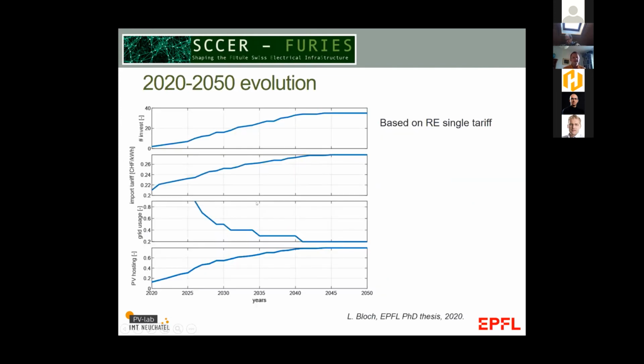What we observed is the number of investments here. Basically most of the buildings invested over that period of time. And of course, this had the effect of increasing the import tariff and at some point reducing the grid usage. We show that the import tariff was increased by 30% over that period of time.